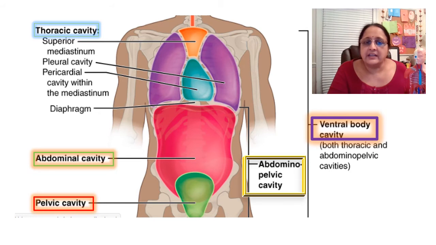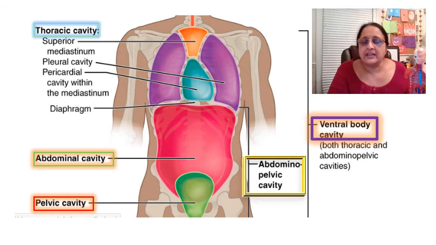Truly speaking, the entire space between the lungs is known as the mediastinum. But since the heart is located in between the lungs at the lower area, you will see the mediastinum only at the superior level. Therefore, we generally call this the superior mediastinum.